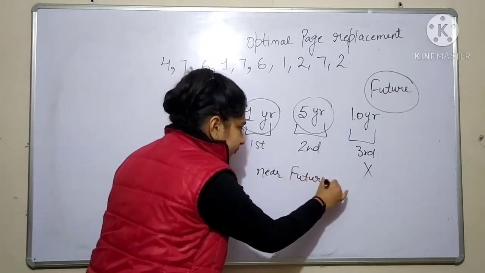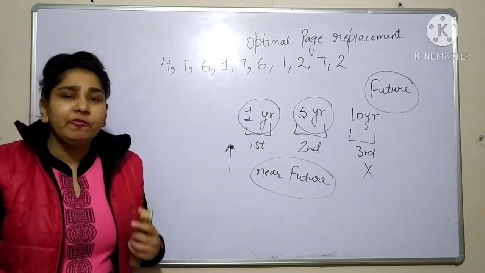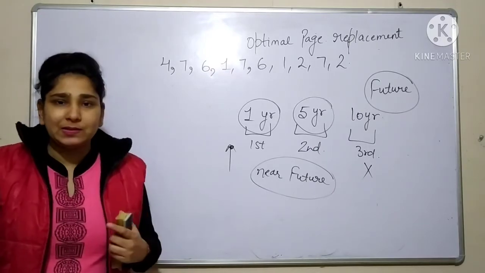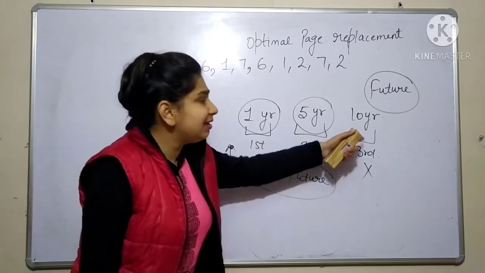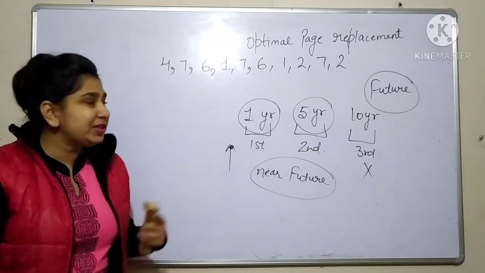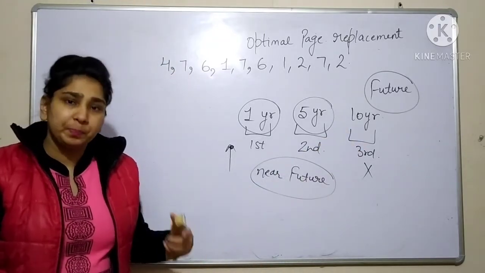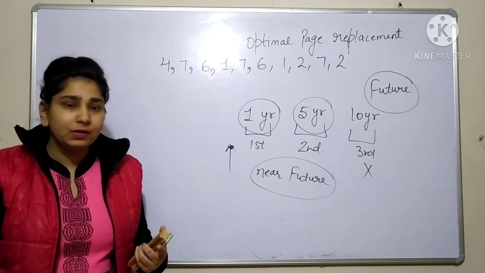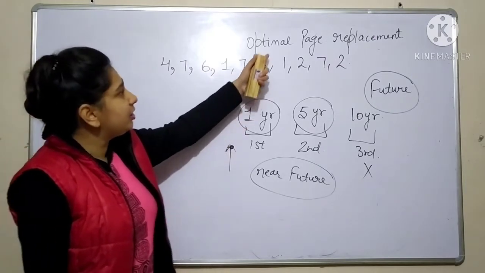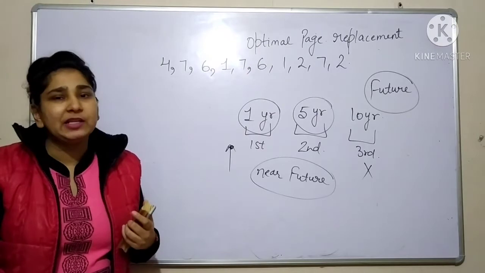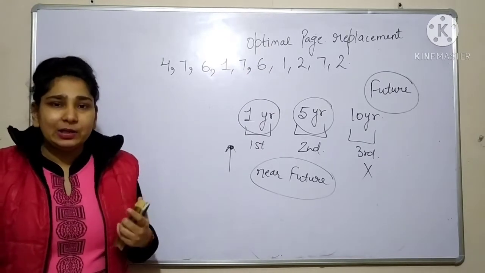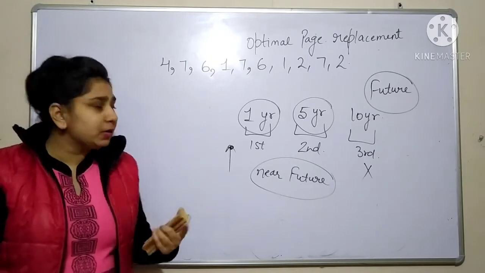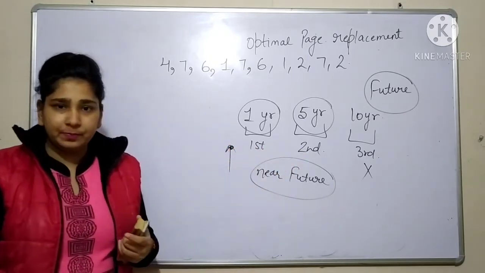We don't give preference to the goals which I want to achieve at a later point of time, very far in the future. So that is actually the optimal page replacement algorithm. What the page replacement algorithm says: you focus on the near future.